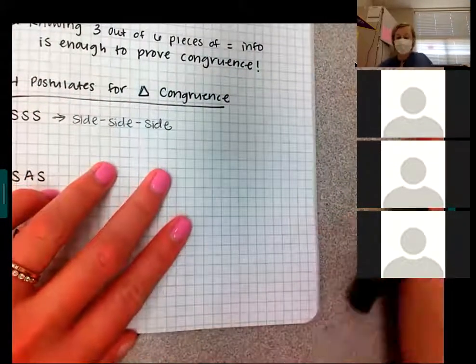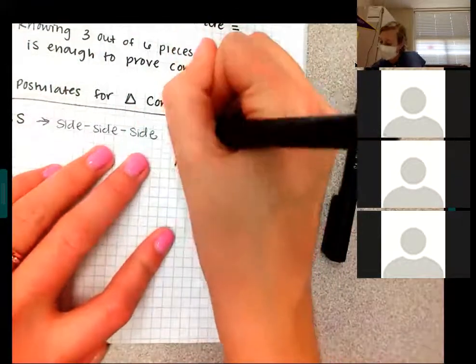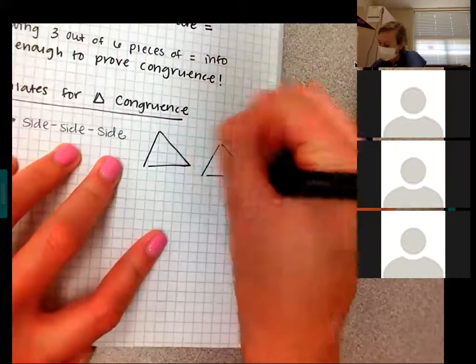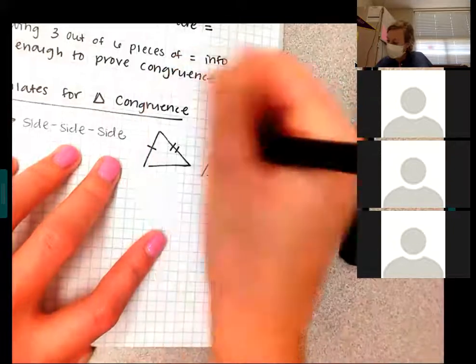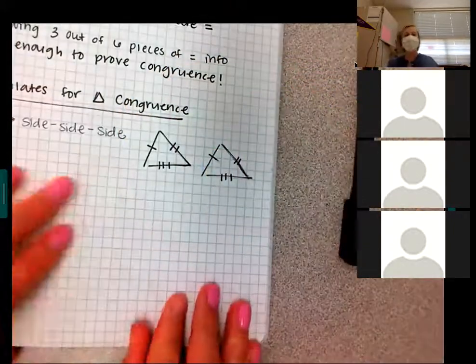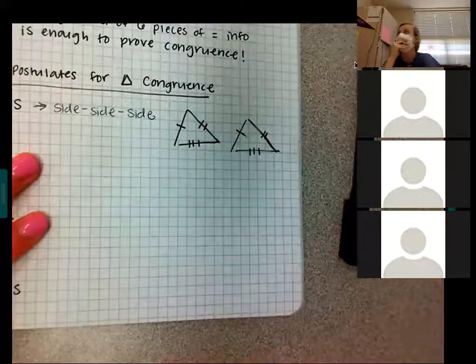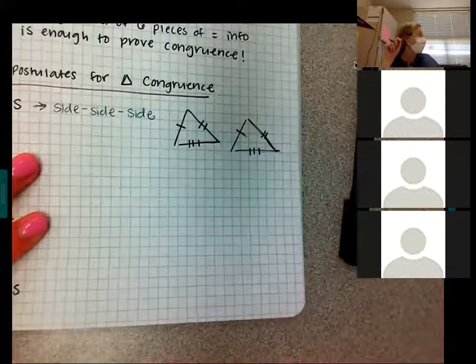So now we're going to draw a picture because I want to make sure that y'all have images to look at because a lot of y'all are visual, which is why you're doing well in this unit. If you see something like this, do y'all agree I have marked that all three sides have something to be congruent to?